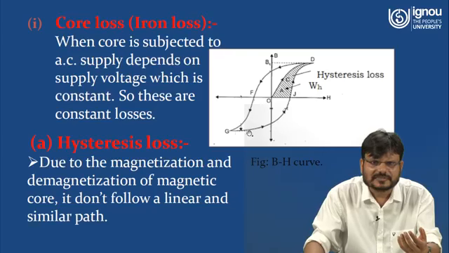Here you can see the path does not retrace the same way, it goes another way. The shaded area shows the hysteresis losses. So hysteresis losses happen due to the magnetization and demagnetization of the magnetic core.